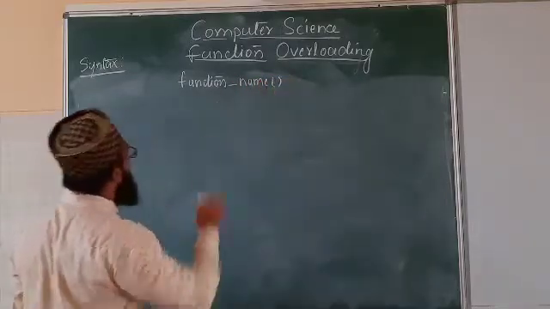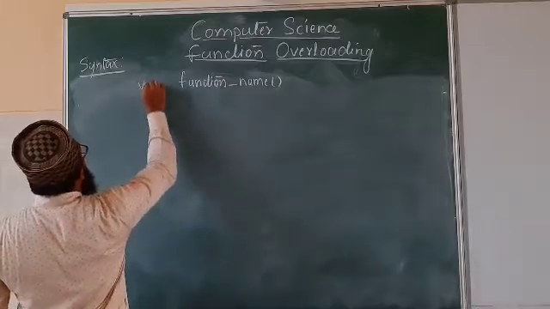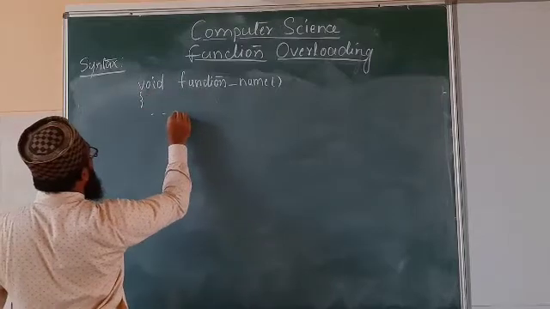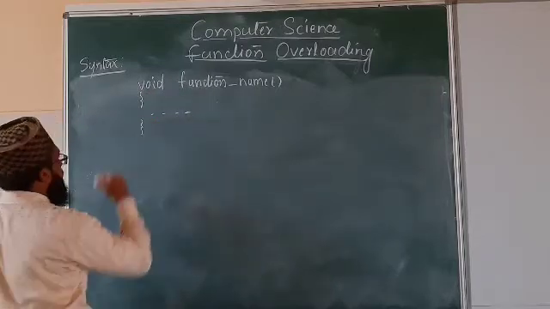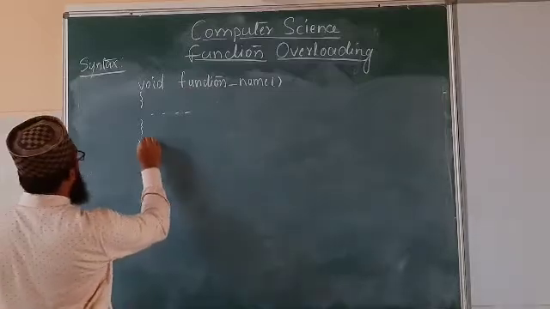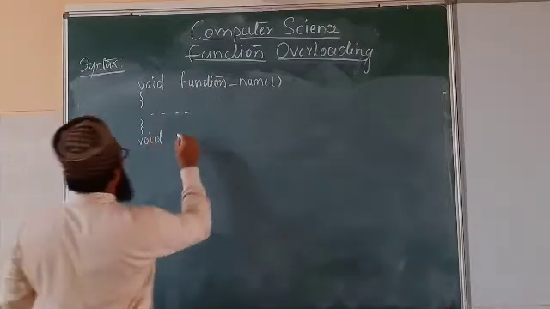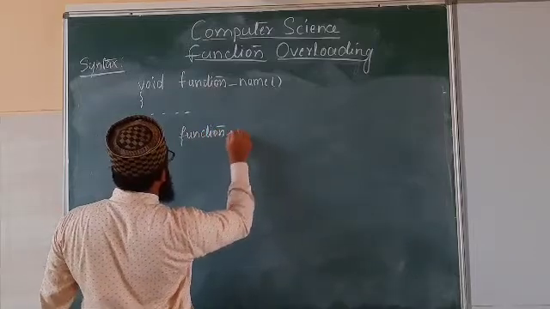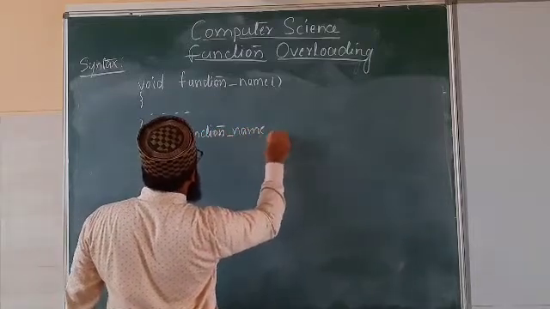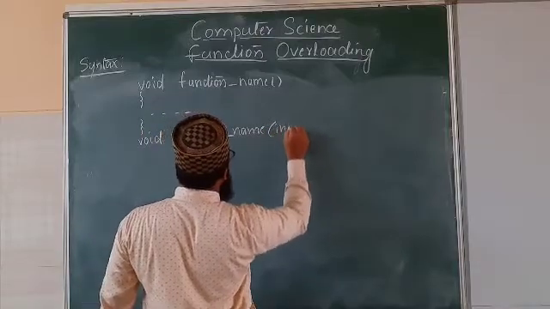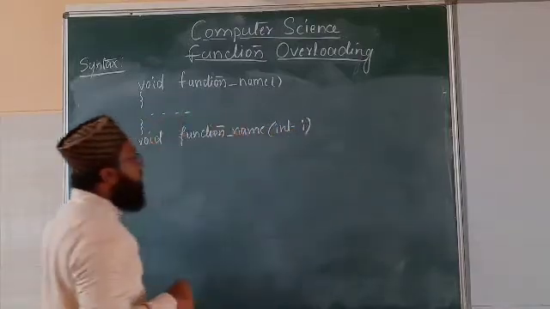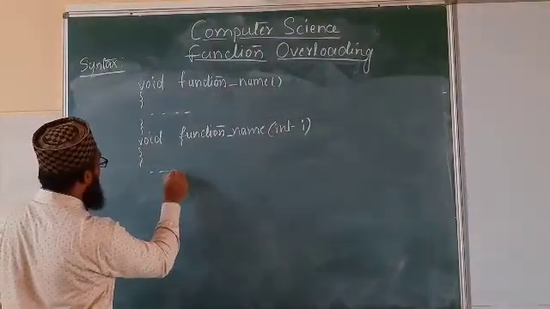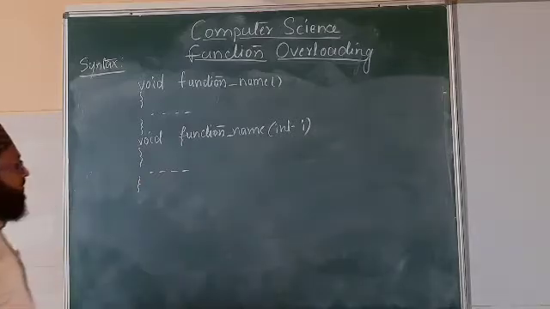This is the first function and it should have a return type, that is void, then open, then function statements, close. This is the first one. Next, void, then function name, and I will give an argument of integer type, that is one argument int i, then open, function body, then close.